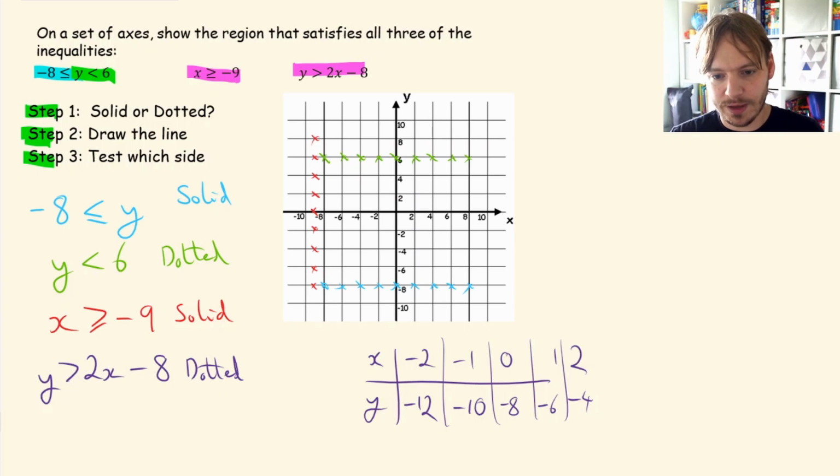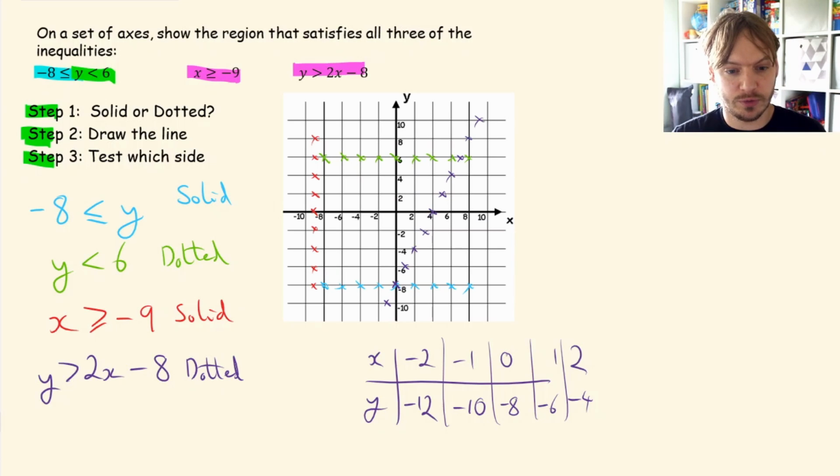So at -1, -10. At 0, -8. At 1, -6. And at 2, -4. And you can kind of see this line is going to just keep going up like this. We could find some more points, but we don't really need to.